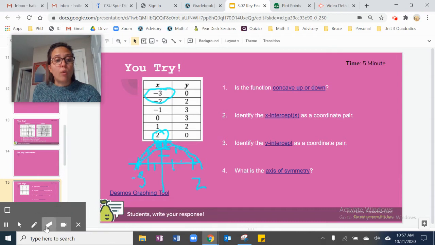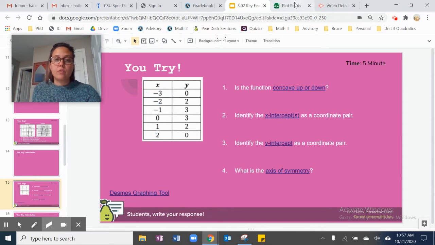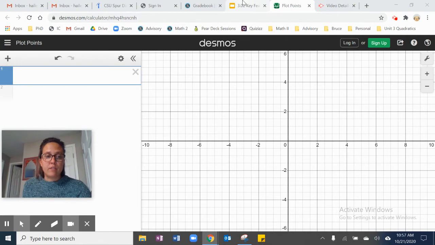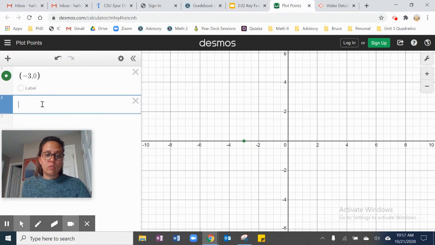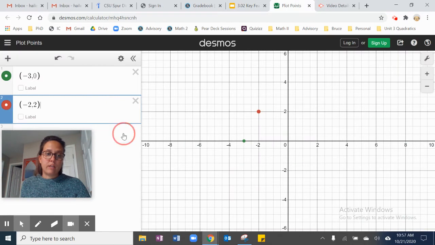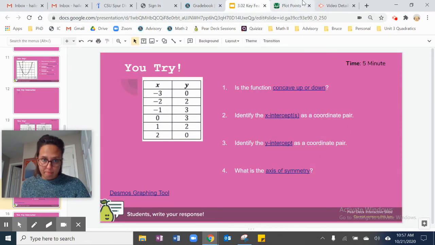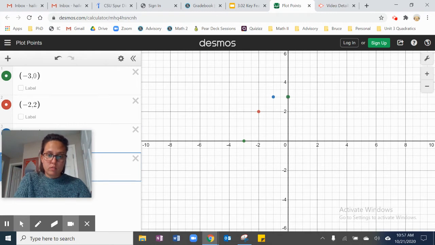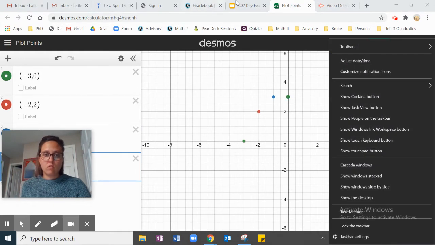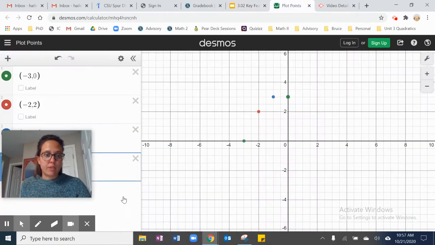If both of those don't work for you, then use the Desmos graphing tool and plug in each of your points individually, right? So -3, 0, and it gives you that point right here. -2, 2, -1, 3, 0, 3, oops, 1, 2, and 2, 0.